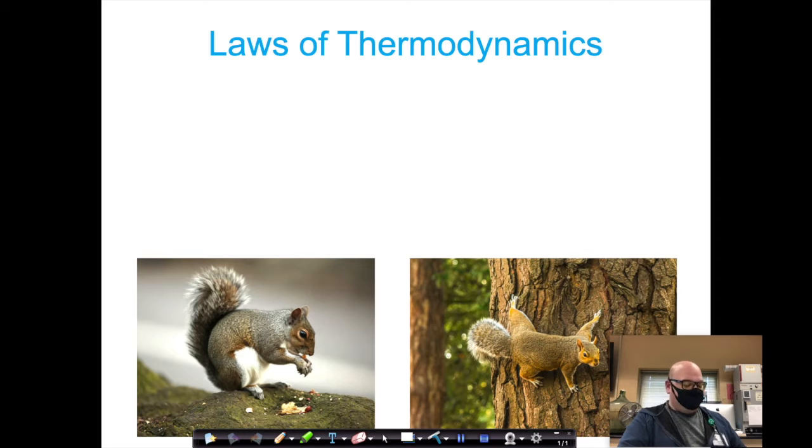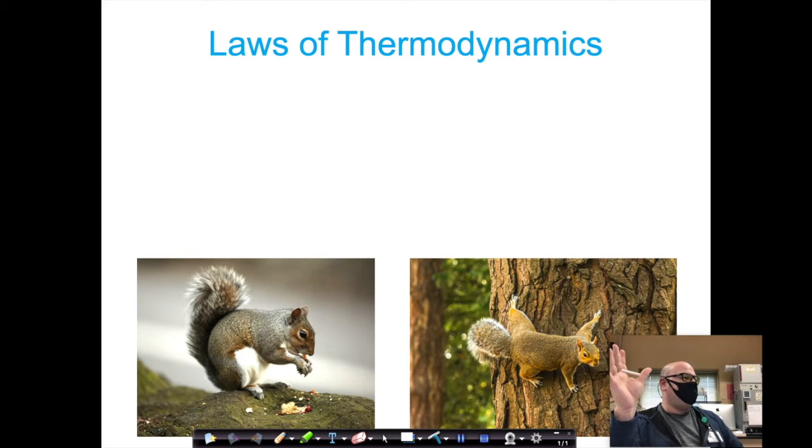So these are big sort of laws in thermodynamics. There are a couple different laws. There's even one they call, not the first, second, or third. There's one they call the 0th law of thermodynamics.